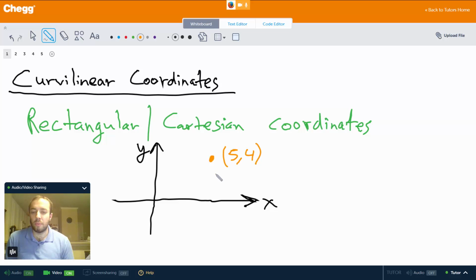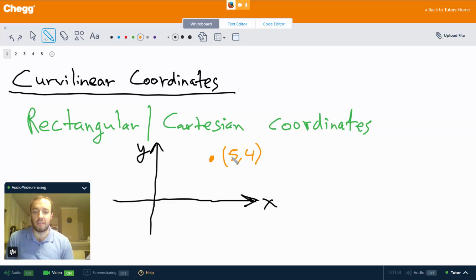So when we have a point in the rectangular or the Cartesian coordinate system, in a two-dimensional plane like this, it's two-dimensional because we have two axes, the x-axis and the y-axis. This first coordinate is called the x-coordinate. The second coordinate is called the y-coordinate. So 5 is the x-coordinate, 4 is the y-coordinate for this specific example here.